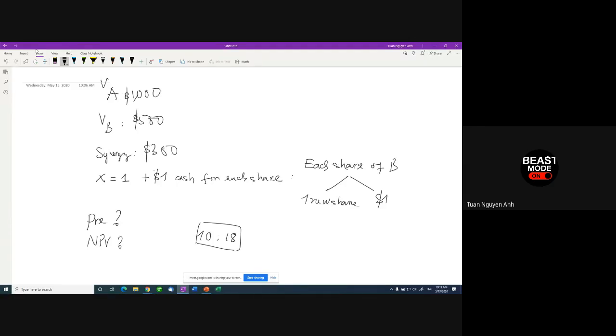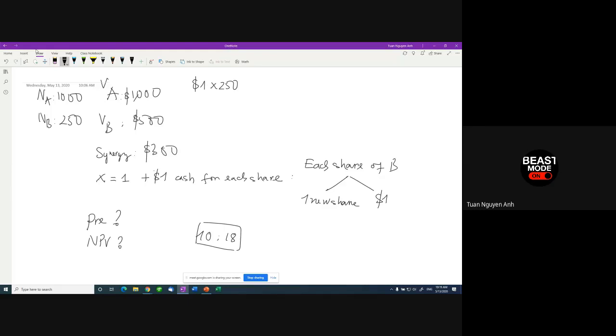Here, because we talk about the premium first, if you are a shareholder of B, how much will you receive? First, $1 for each share. The number of shares of A is still 1,000 and the number of shares of B is still 250.